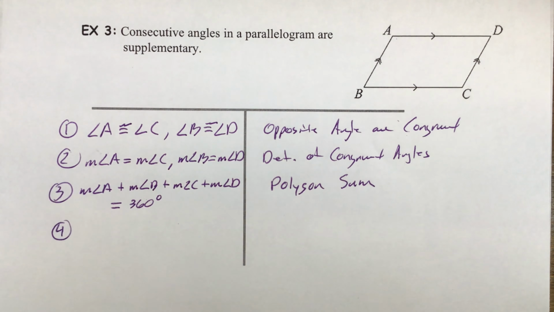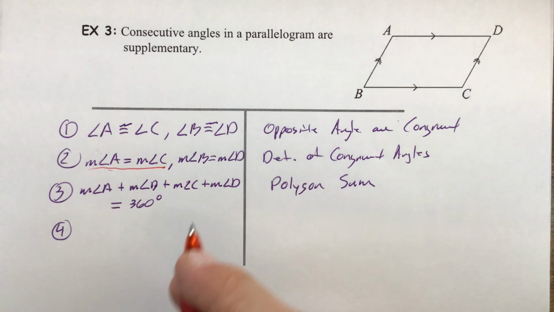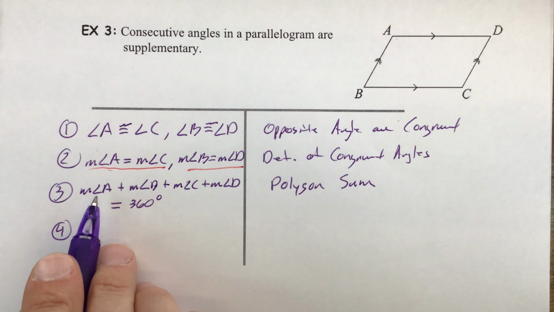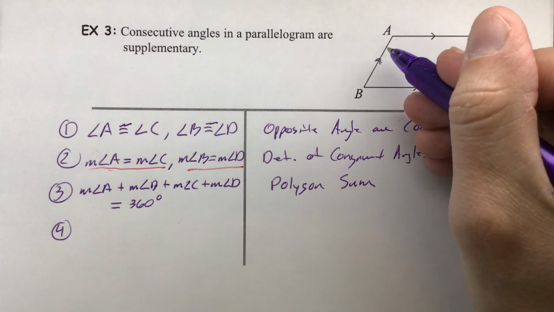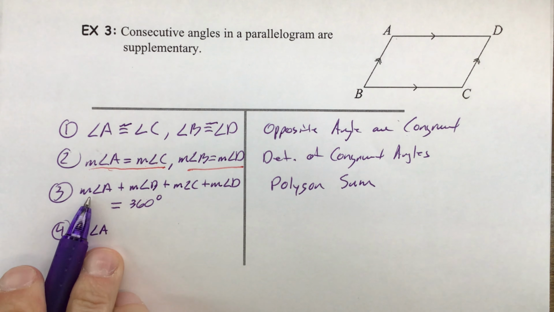All right, so step 4, what are we going to do here? We're going to take the information that we have up there in 2, that A is the same size as C and B is the same size as D, and use some substitution. Okay, I'm going to keep the A. As I mentioned in the beginning, I really wanted to work with A and B. So I'm going to keep the measure of angle A. That's keeping this right here.